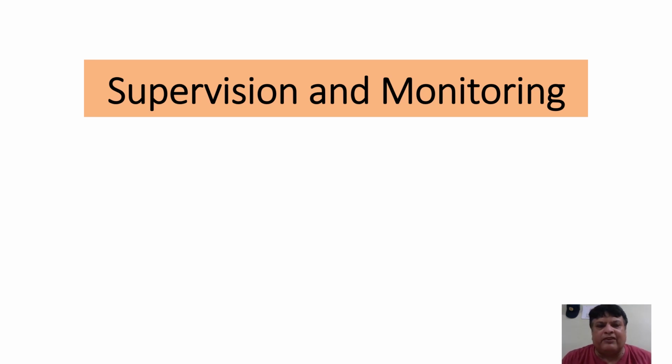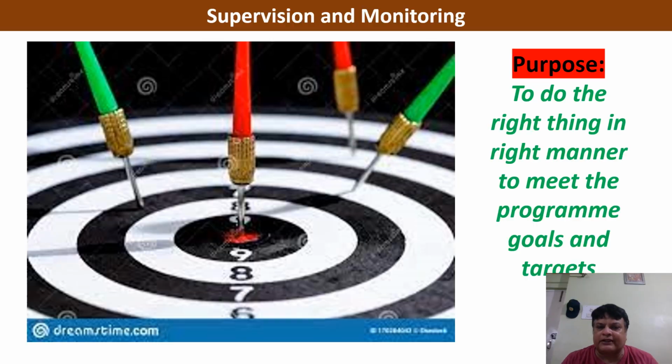So to begin with, we will see what the actual objective of both supervision and monitoring is. Sometimes monitoring comes as a subset of supervision, and together we will see what intended benefit we want to reap out of them.